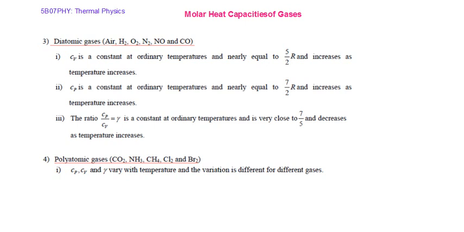Suppose that you are given a problem to calculate the work done during some process, say an adiabatic process, and you are not given the value of gamma. Instead it's mentioned that a certain quantity of air is compressed adiabatically, or air is expanded adiabatically.